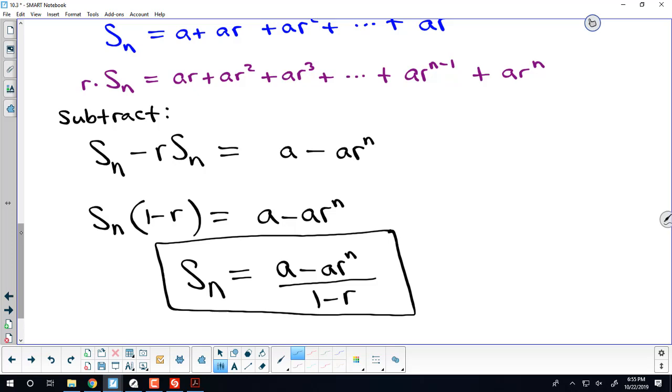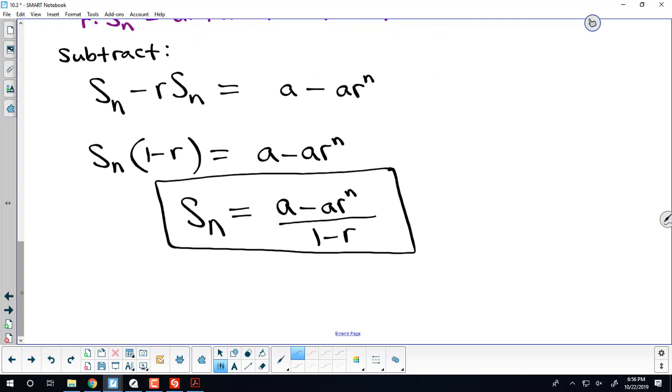Remember, we haven't computed a limit as n goes to infinity, so what we should technically say here is that this is the explicit formula for the nth partial sum of a finite geometric series.